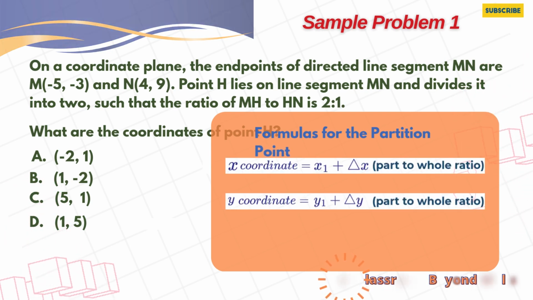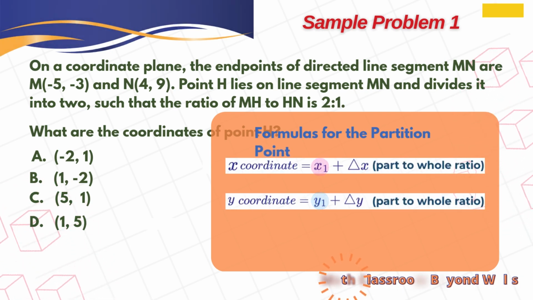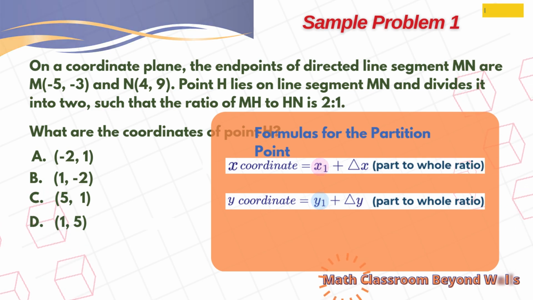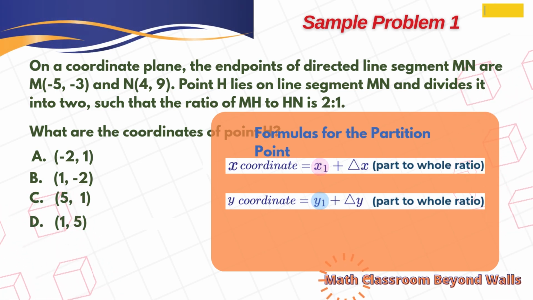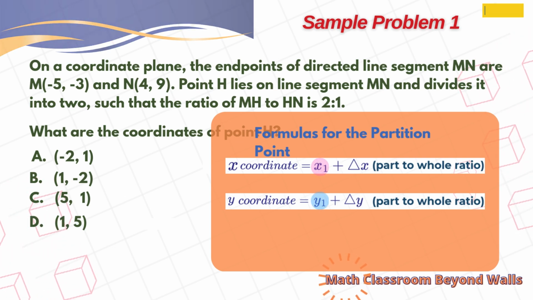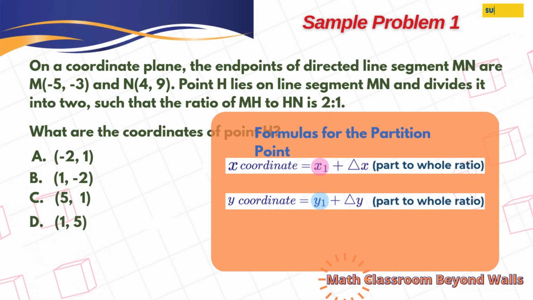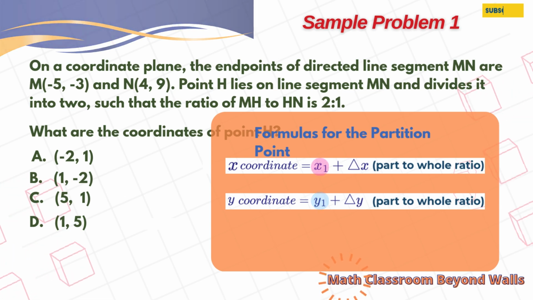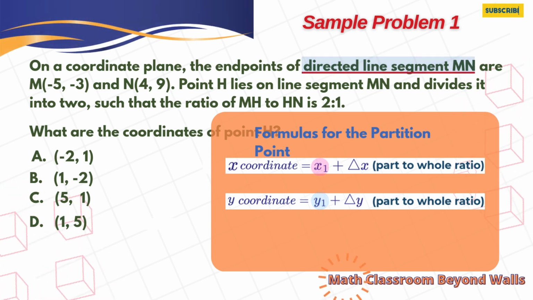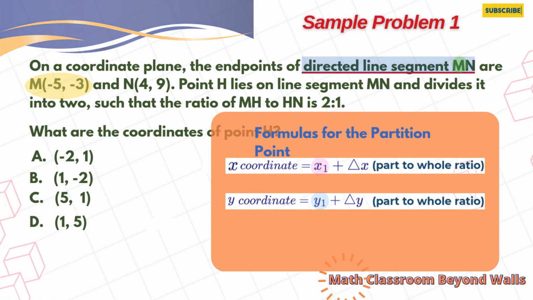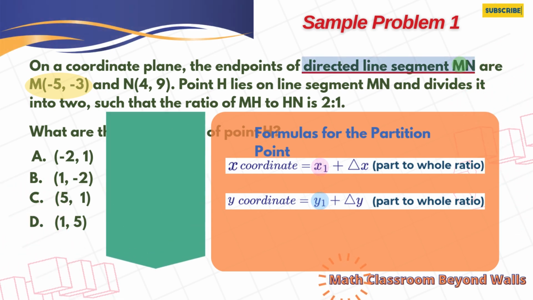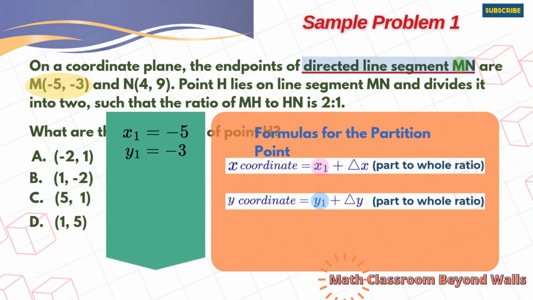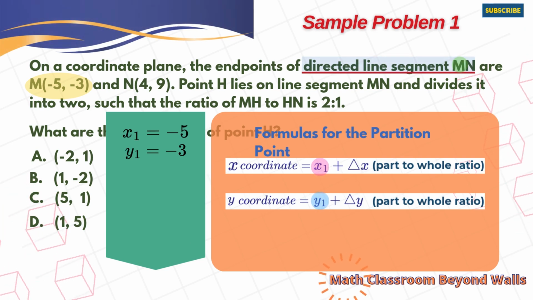We need x1 and y1, the coordinates of the initial point. How do we know which one is the initial point again? You are correct. The initial point is the first letter of the segment's name, thus point M is the initial point. With that, x1 is -5 and y1 is -3.